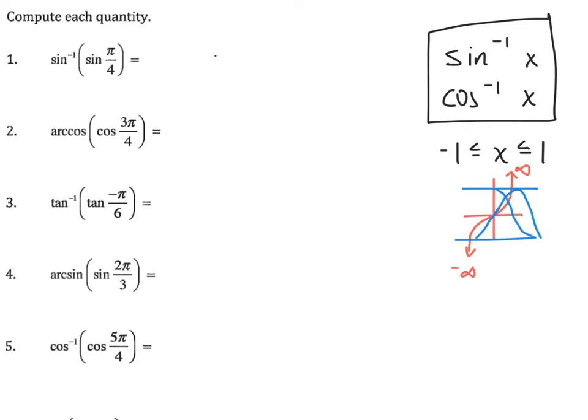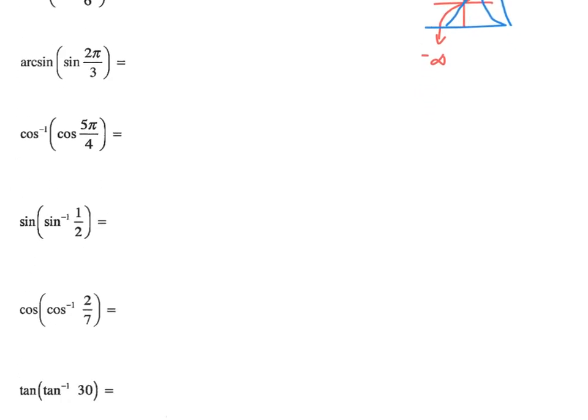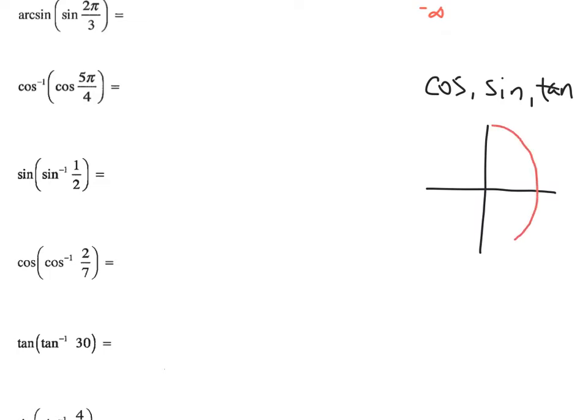All right, so remember that's for inverse. Now, when we are doing regular cosine, sine, and tan, reminder that sine and tangent have to be a value between -pi/2 and pi/2.